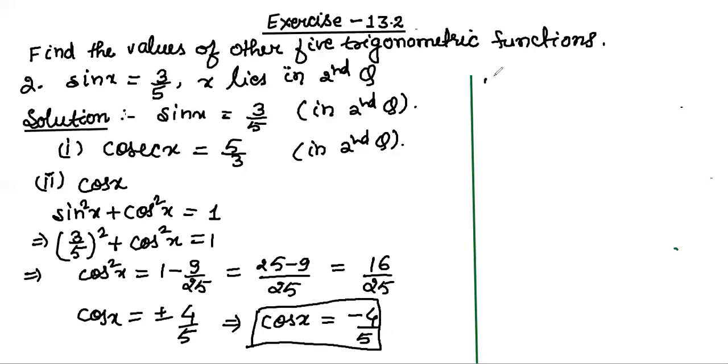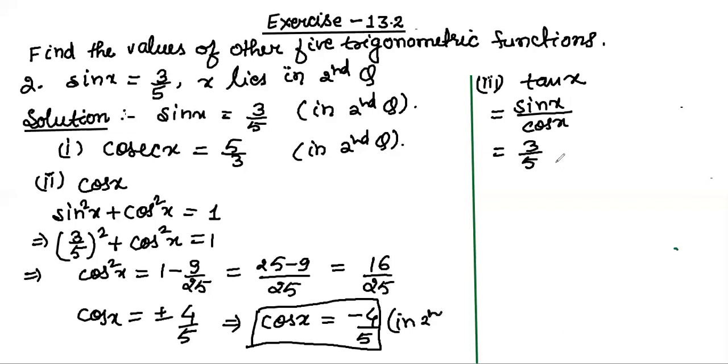Now we will find tan x. Tan x, we know, is sin x by cos x. So we can apply sin x as 3 by 5 and cos x as minus 4 by 5 in the second quadrant.